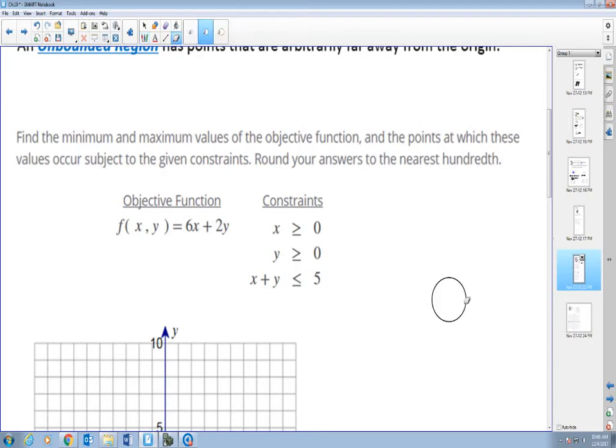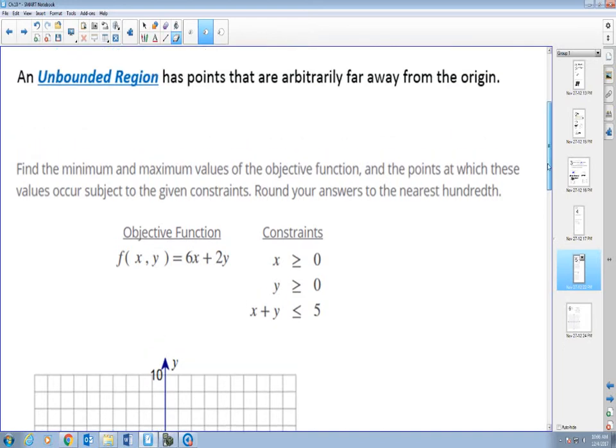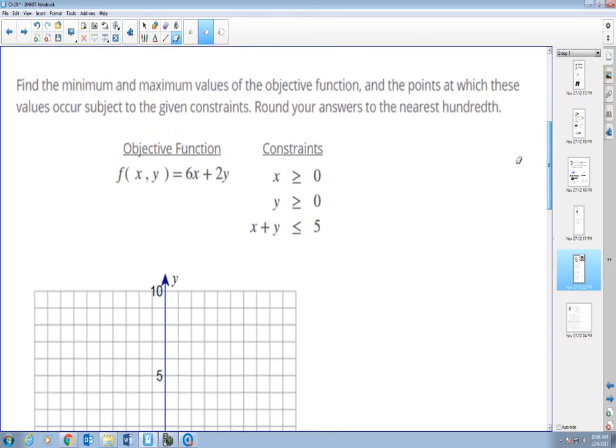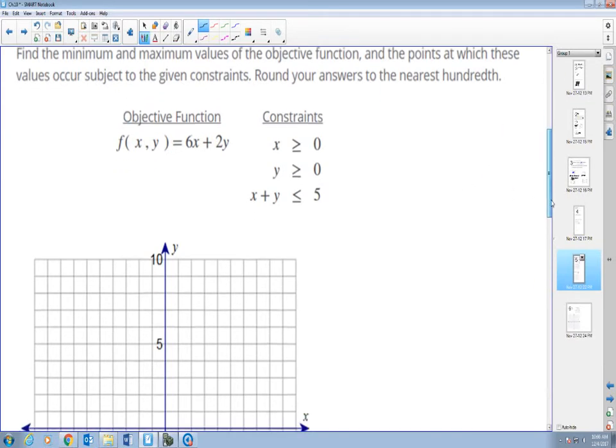These problems are a lot like what you have probably seen before in Algebra 2 class, with a little bit of a twist. Rather than just graphing these three inequalities on the same graph, what we also want to do is find the minimum and the maximum value of the objective function and the points at which these values occur, subject to the given constraints.